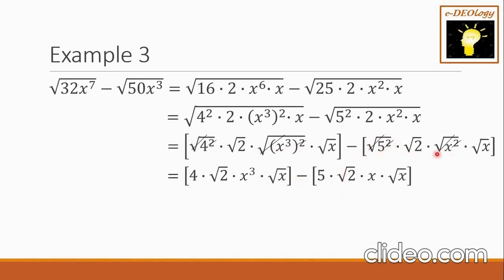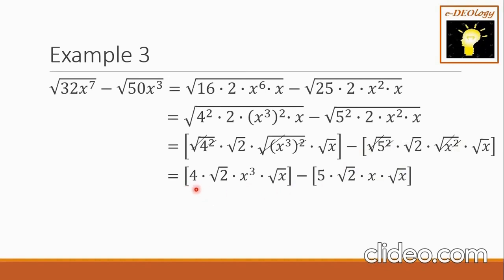For this expression, I'm going to cancel the radical along with the power 2. Only the x comes down. And the square root of x, there is no change. I will copy down here. So the next step is we're going to multiply all terms with no radicals, and we will multiply terms with radicals.